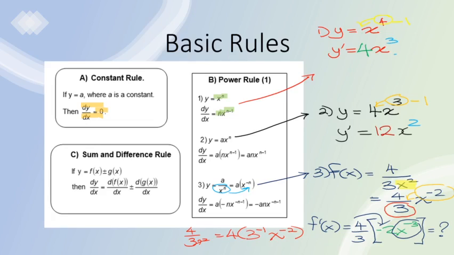Okay, so f prime x: 4 over 3 remains. Differentiate x to the power negative 2, same, negative 2 to the front, so you will get negative 2 x to the power negative 2 minus 1, negative 3.